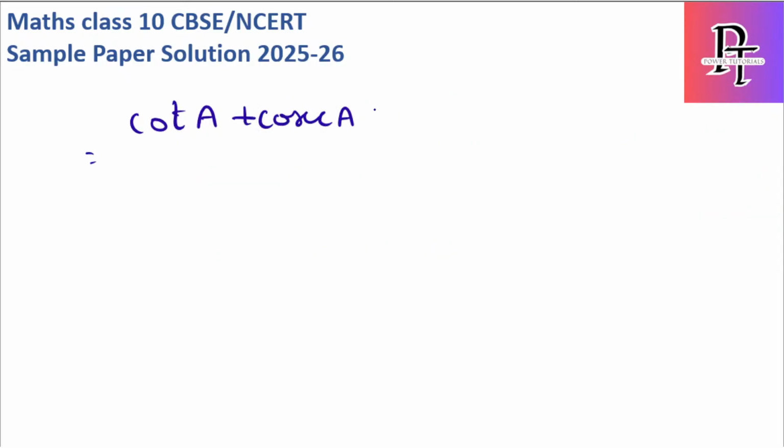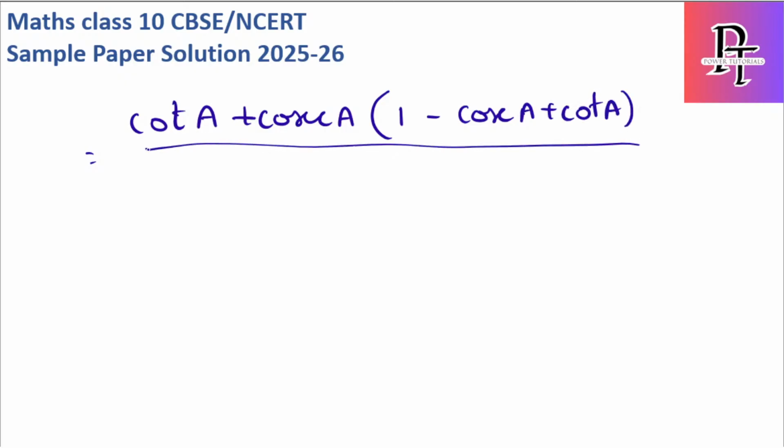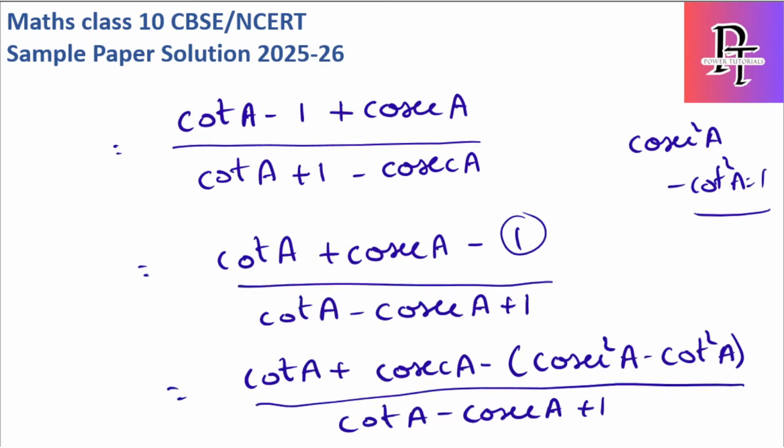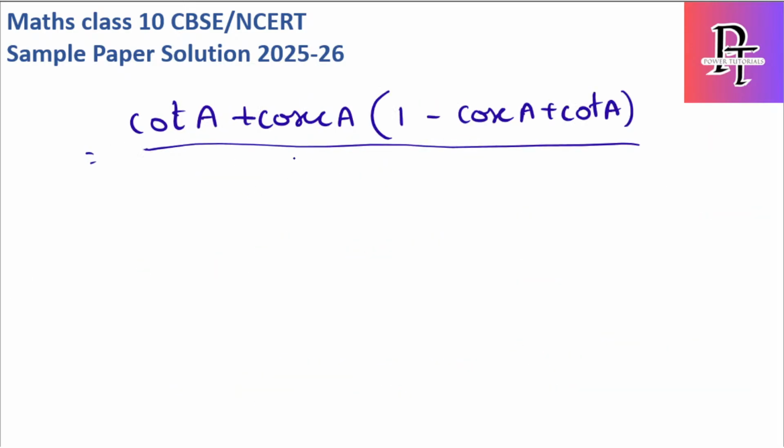Okay, if I take cot A plus cosecant A as common, I will get 1 minus of cosecant A plus cot A. So in the denominator I already have cot A minus cosecant A plus 1. So if you notice, both are same.